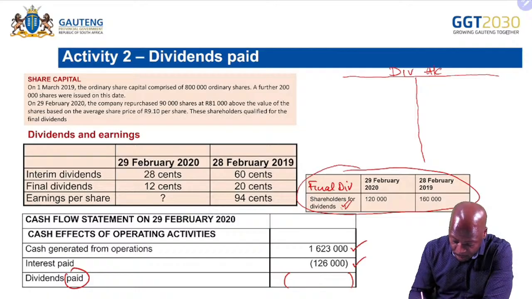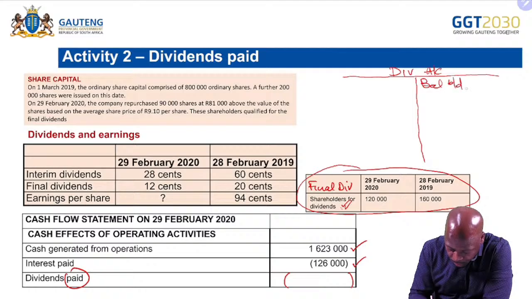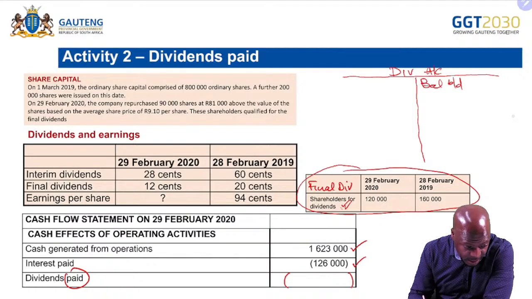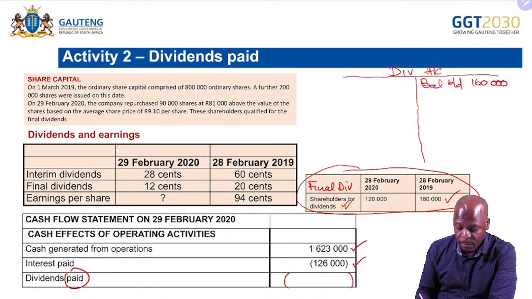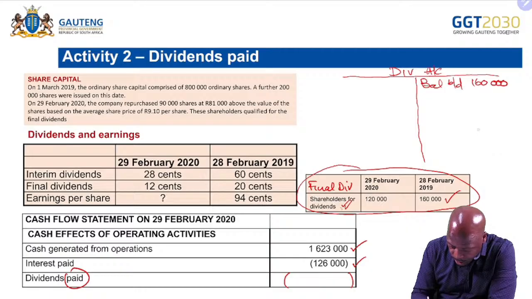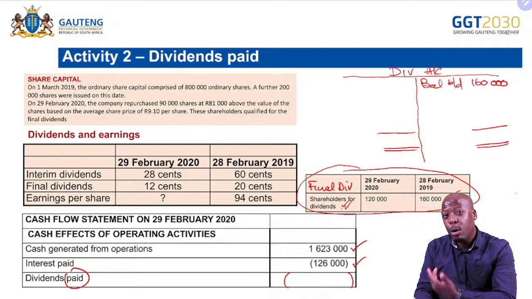So I'm going to come to my account and say I have my balance brought down here. In my balance, at the beginning, I have 160,000. That is my shareholders for dividends from the previous year. And in this year, how much do I owe at the end of this financial year?